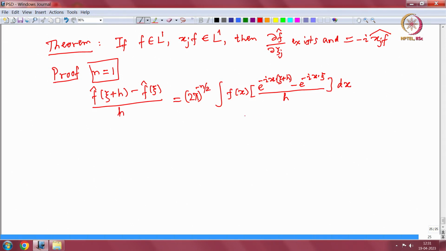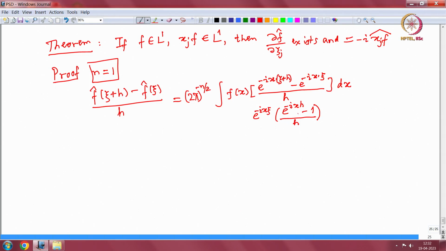So, please write down all these steps carefully. So, this is e to the minus i x j, times e to the minus i x h minus 1, divided by h. I am just writing this.